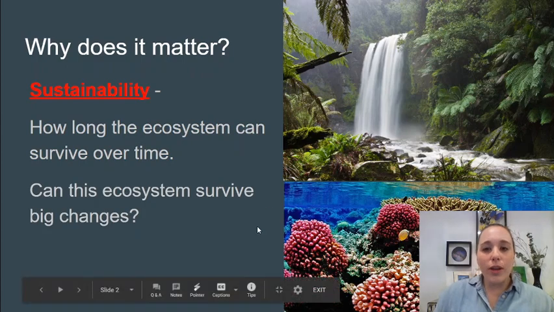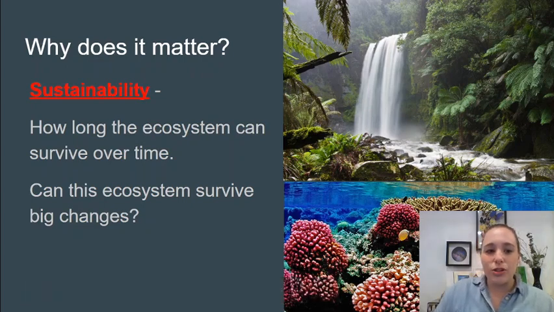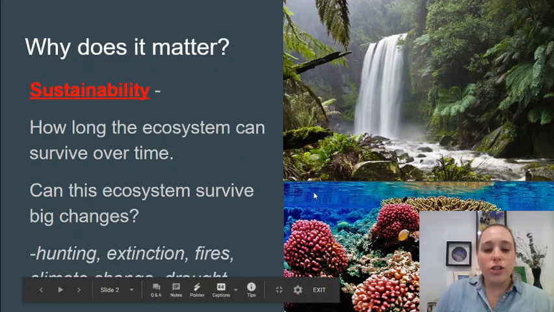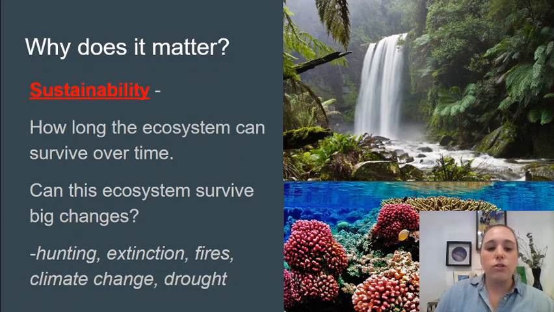And so the question we ask ourselves when we look at these pictures is, can that environment survive big changes? Those changes can be hunting, extinction, fires, climate changes and drought. So again, what's most important here is the question, how sustainable is the environment? How likely is it going to survive a change?